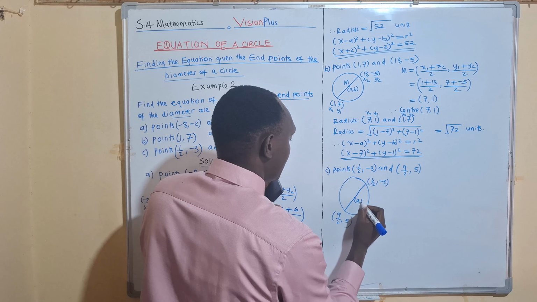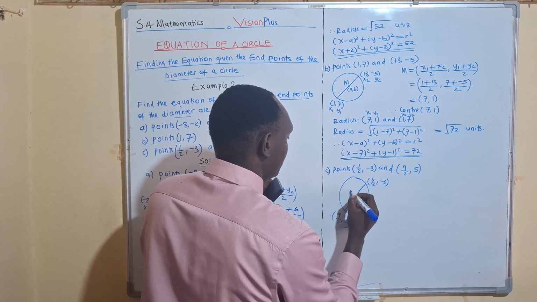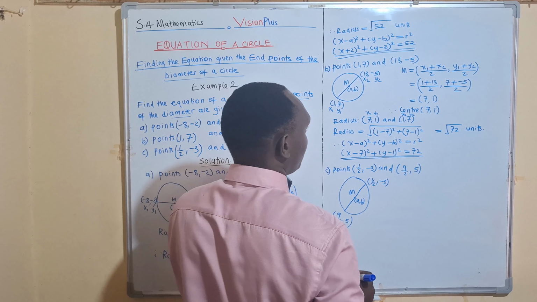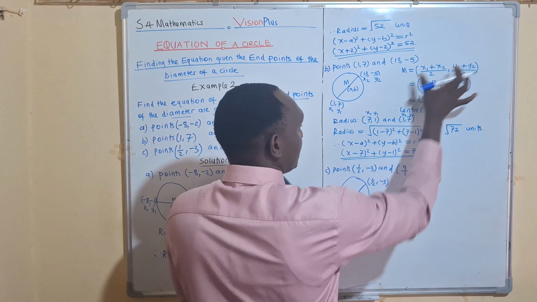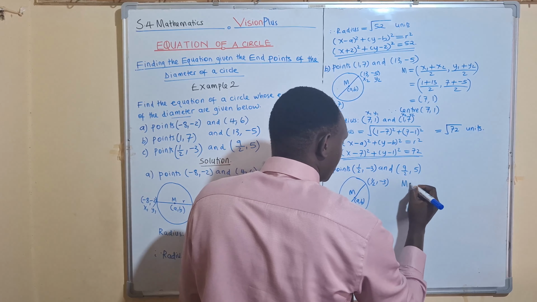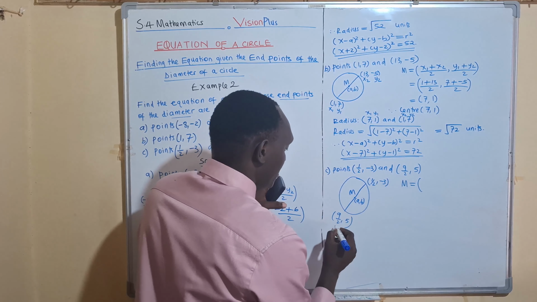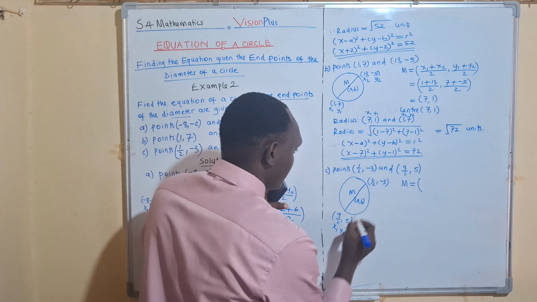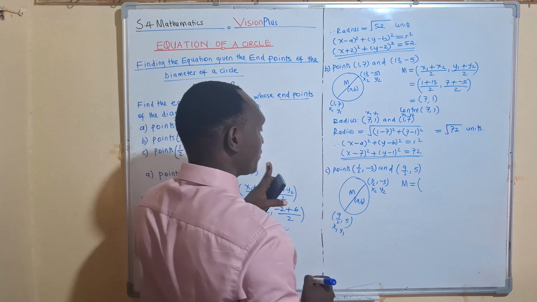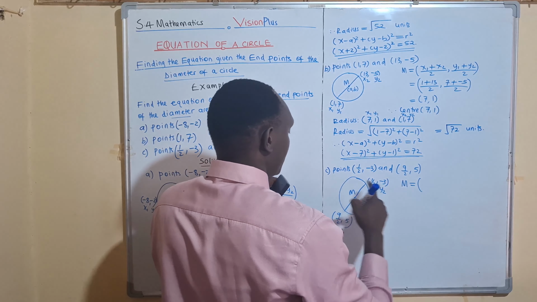And then the center has a and b, which we don't know, which we are calling the midpoint. And you know the formula of the midpoint is here. I'm not going to quote it again, so I'll just substitute. So for the midpoint, you name x1, y1, x2, y2. That means here we need to add x1 plus x2.